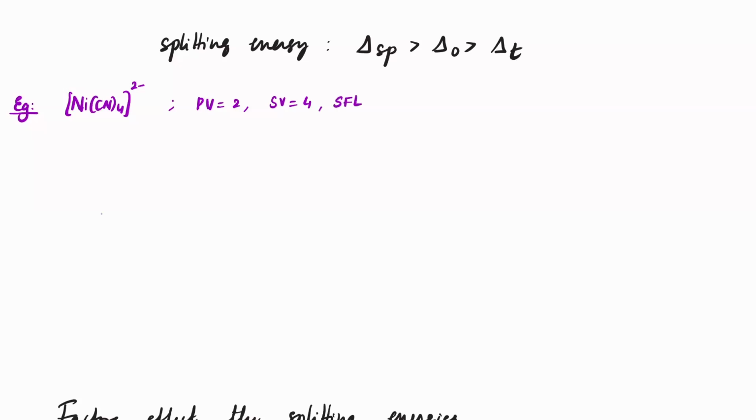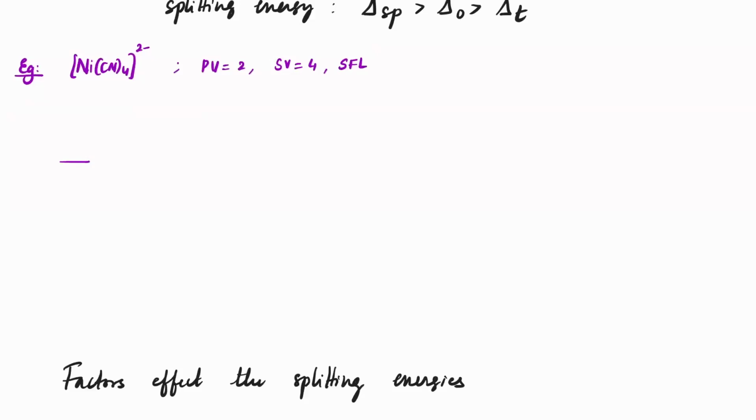So which means the nickel configuration here is nickel plus 2, which is argon 4s0 and 3d8. Now when it comes to 3d8 here, before the splitting, the distribution of d8 electrons is like this. This is before splitting.